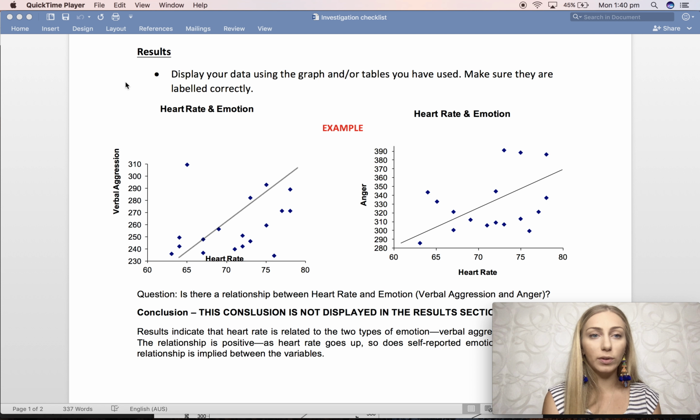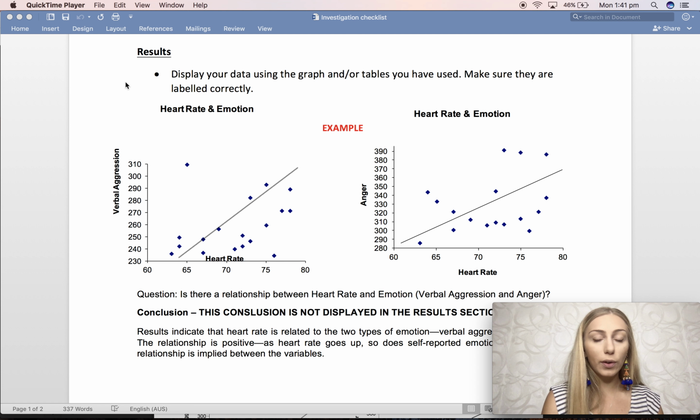So under the results section, here you'll be provided with the information that we've gathered within our investigation when we carried it out. So you'll be provided with all of that information, and then what you will do is create a graph or a table that condenses that information and shows, I guess, how you're going to answer your hypothesis or your question and support that.